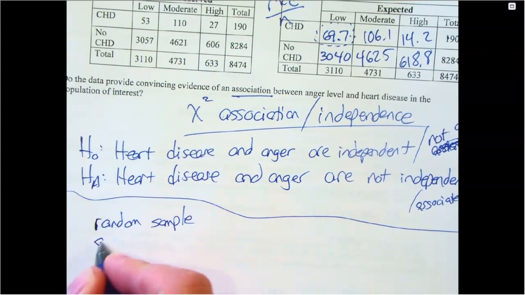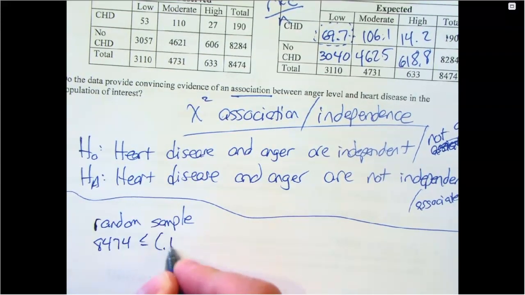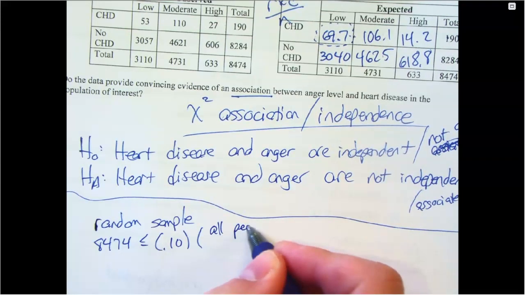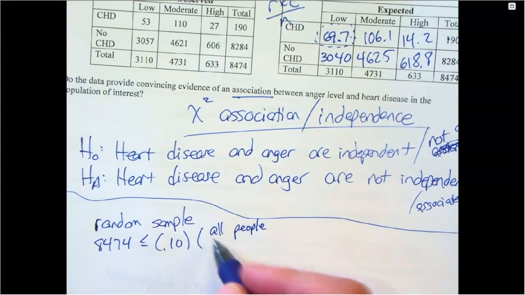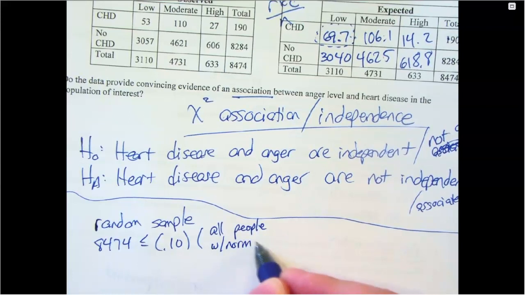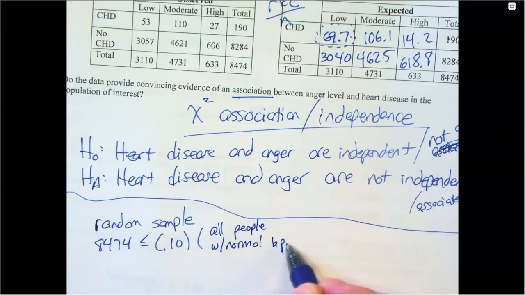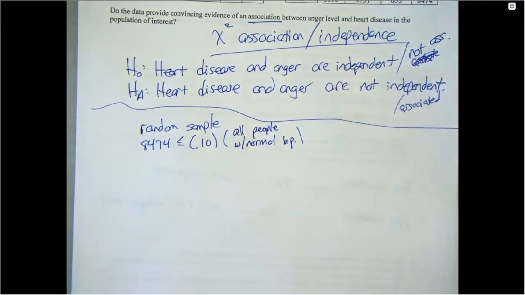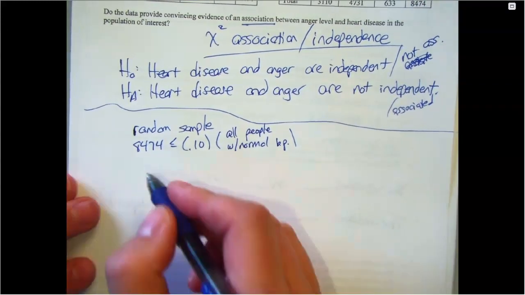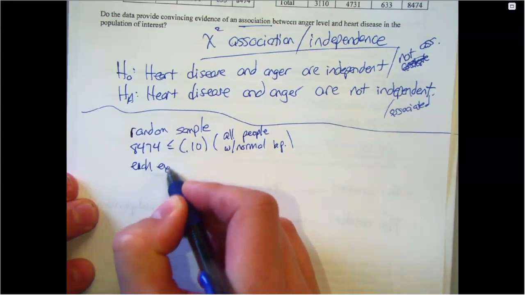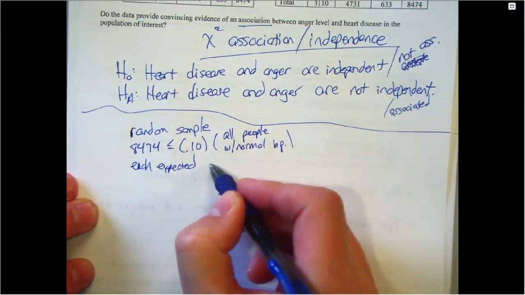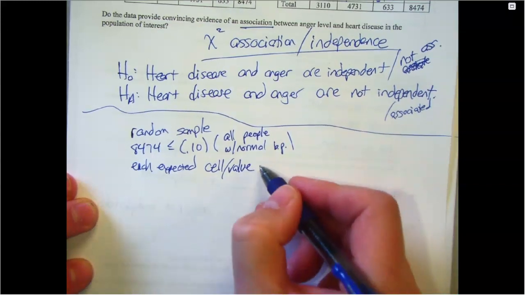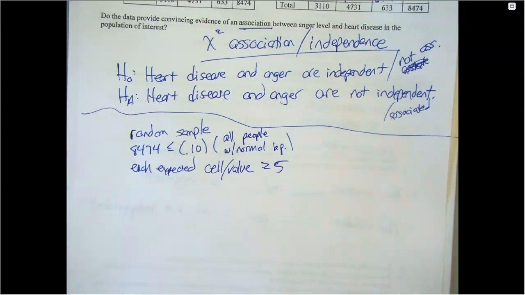So I'm pretty sure 8474 is less than 10% of all people with normal blood pressure.